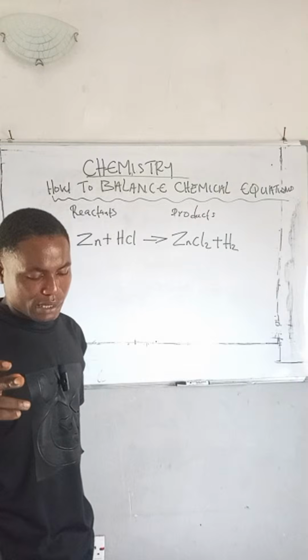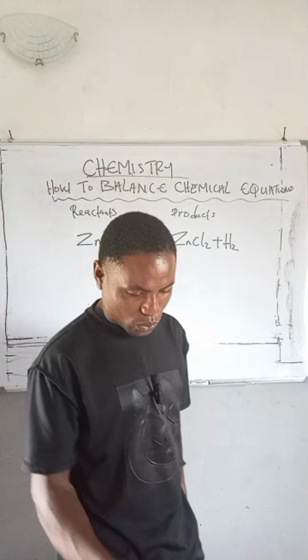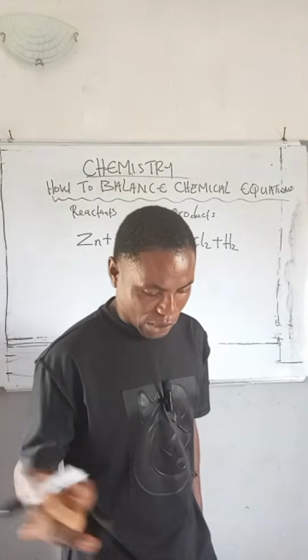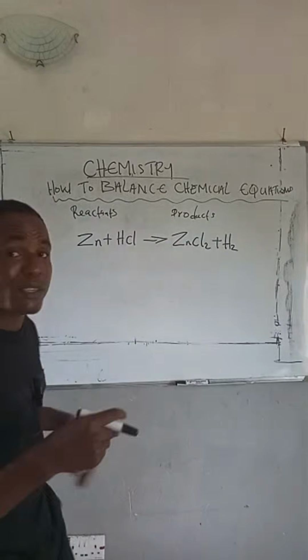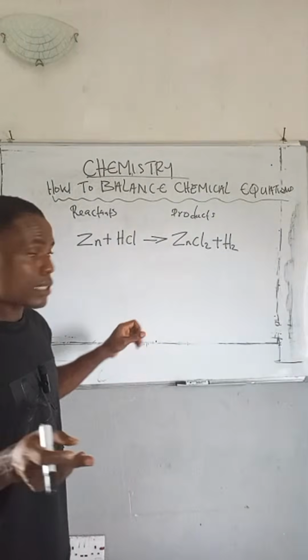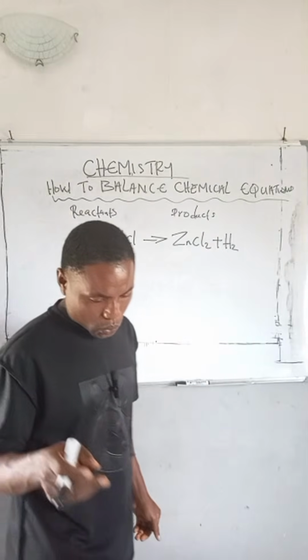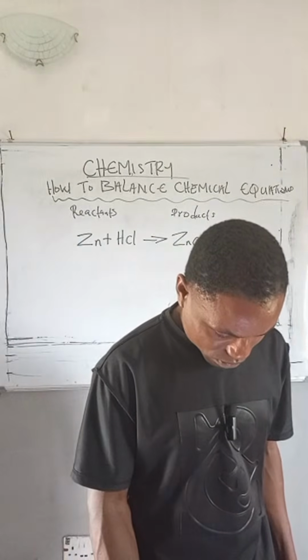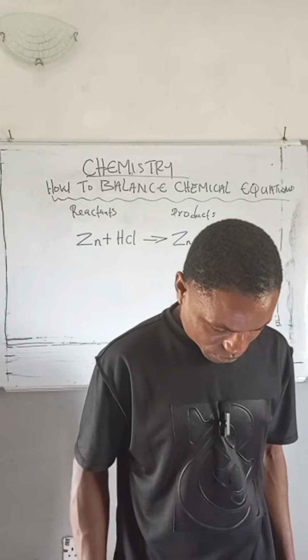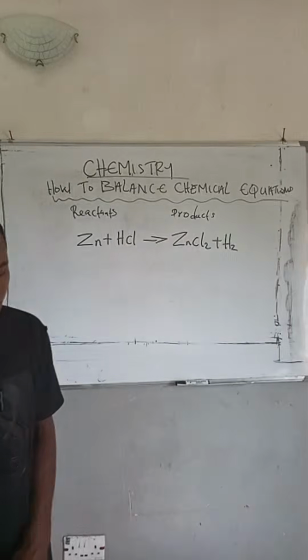The first thing, just comment down, I want to know if you guys are following. I told you guys something. I said before we start, if you are given a chemical equation to balance, there is something you need to do first before you continue. Drop it on the comment section.